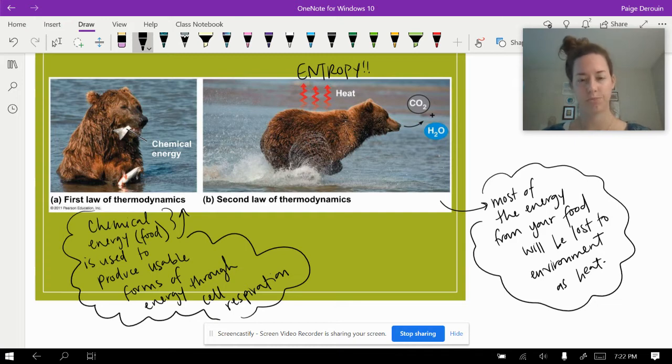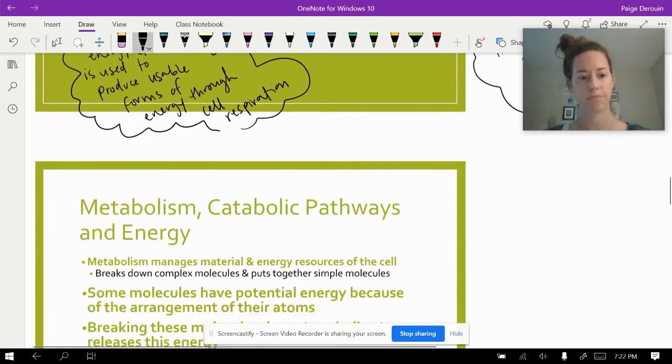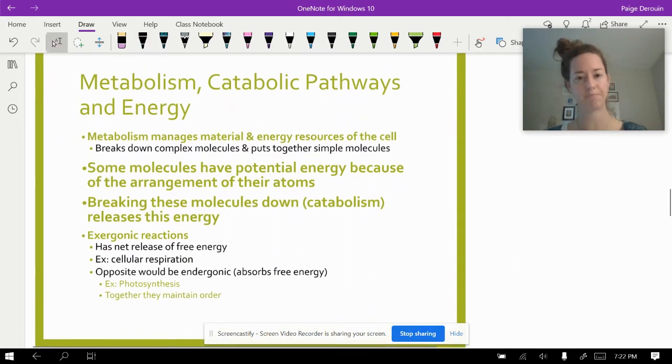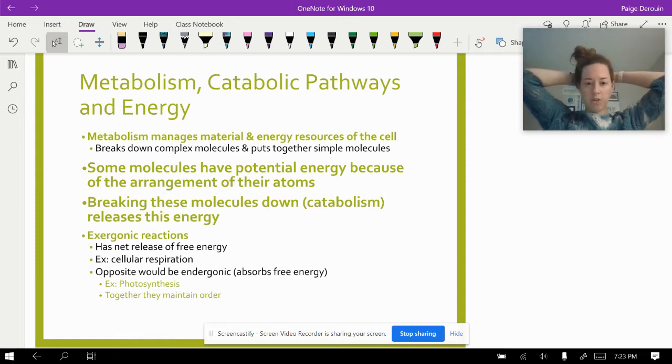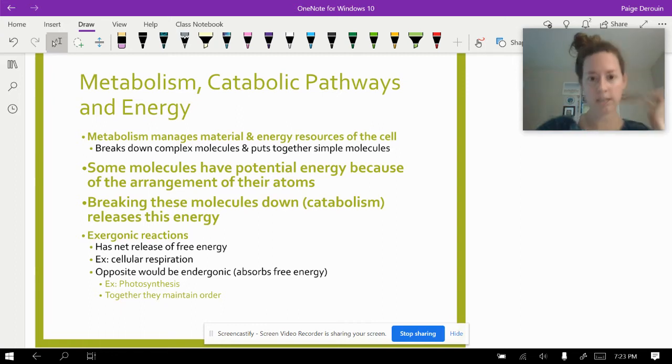Okay, so let's talk more about metabolism. Like I said last time, your metabolism is all of the chemical reactions happening in your body, which includes both anabolic and catabolic reactions. Catabolic reactions are the breakdown pathways.